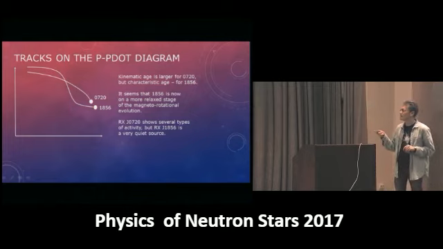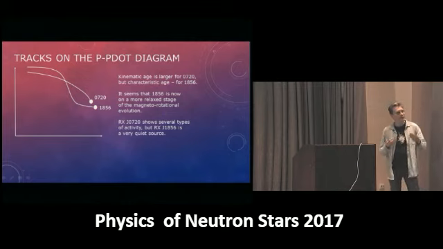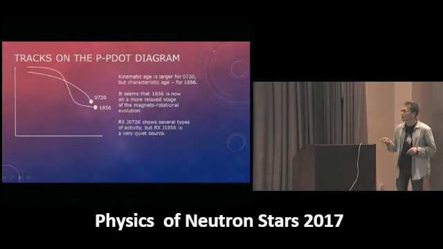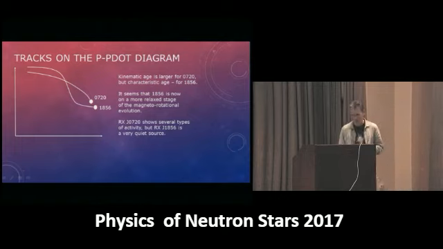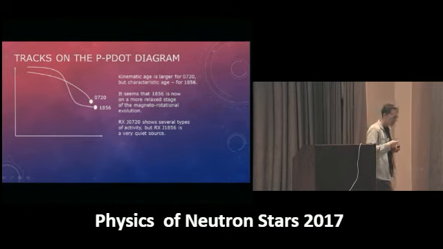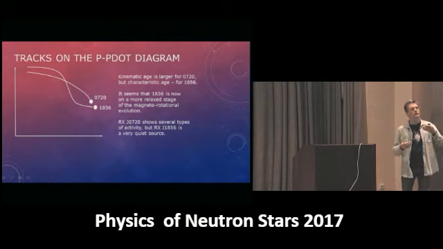But 1856 looks more relaxed. It has lower luminosity, it doesn't have any peculiar behavior, and probably it is a hint that magnetic field evolution can be different for different stars, for different initial magnetic fields.